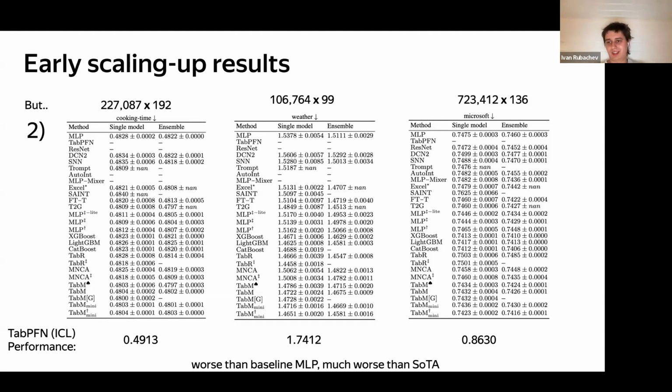TabPFN is actually akin to cross-encoders in information retrieval. It uses a whole transformer model to compute similarities, so it can encode much more fine-grained and hard similarities. So it can be a way forward for tabular retrieval models, but it's still a long way for this to happen.